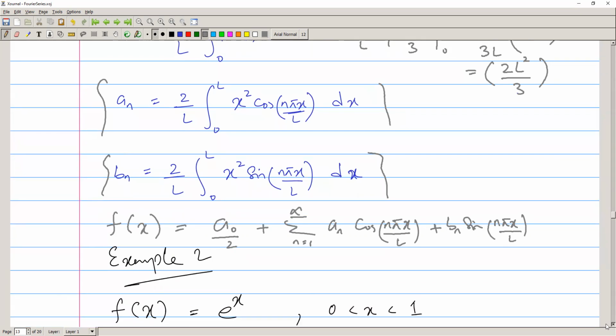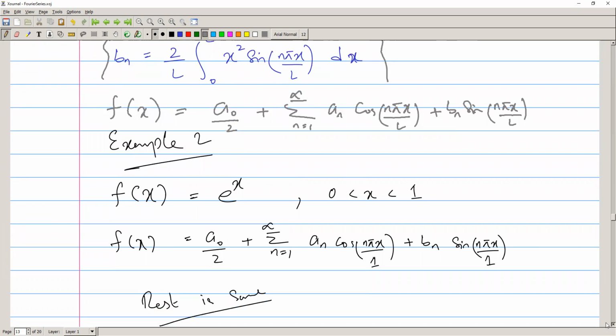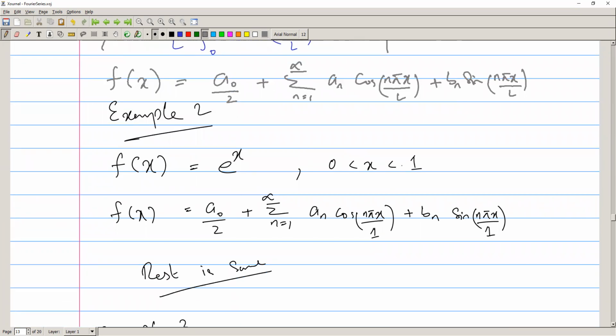All right, so let's move to another example. Let's say we are given the function e power x, defined in this interval, and we are asked to find the half-range Fourier series. You can see that the half-range Fourier series is given by this series, right?